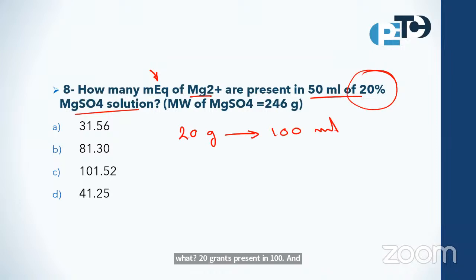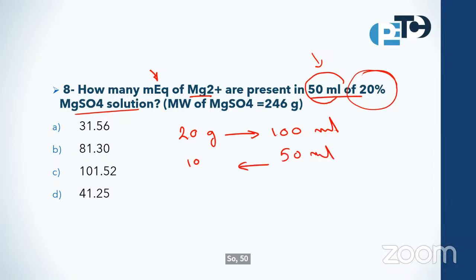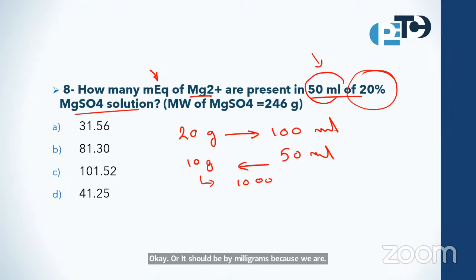But we need to calculate the milliequivalents present in 50 milliliters. So 50 milliliters contains how many grams? 10 grams. Or it should be in milligrams because we are calculating milliequivalents. So it will be 10,000 milligrams.